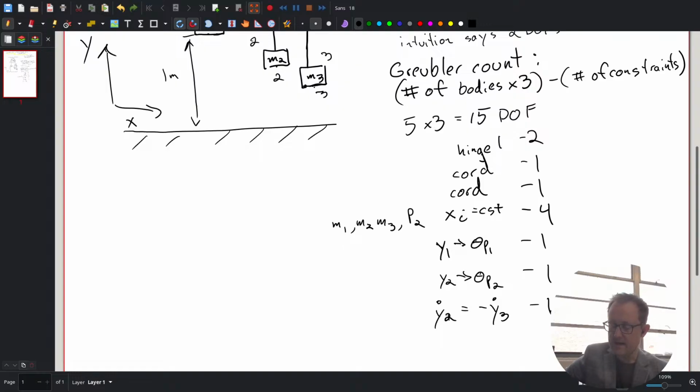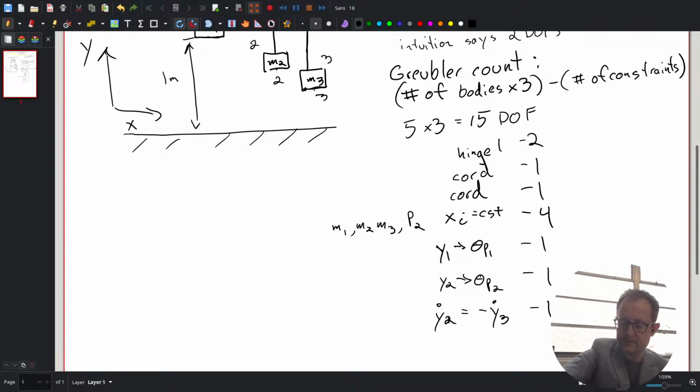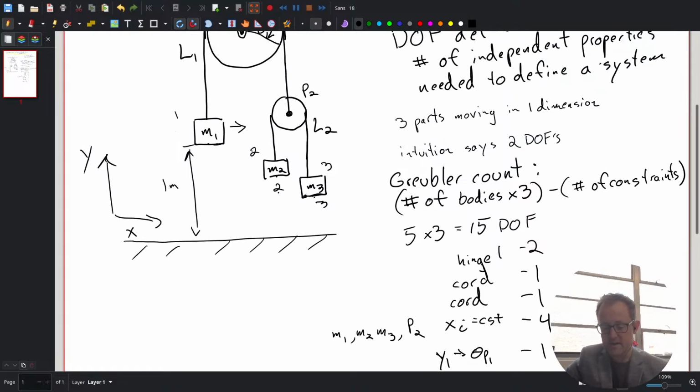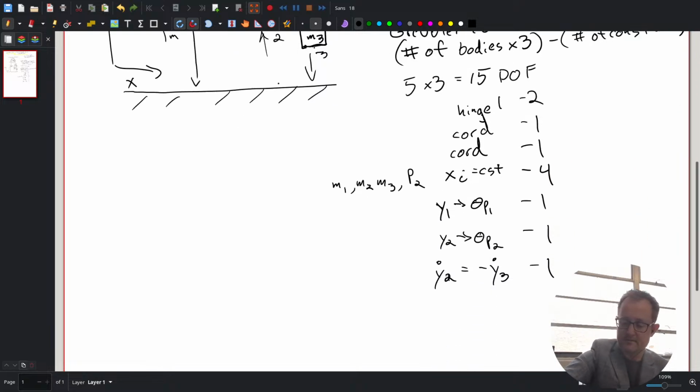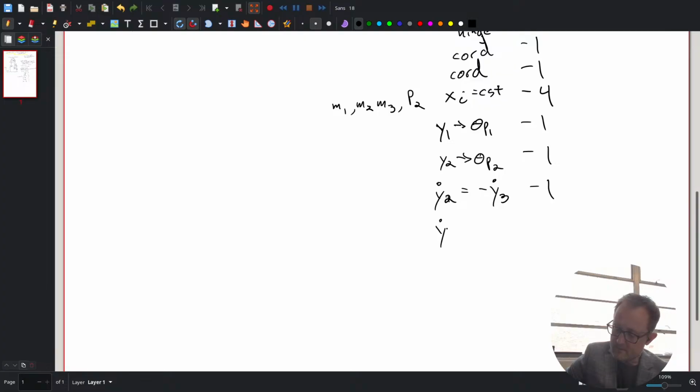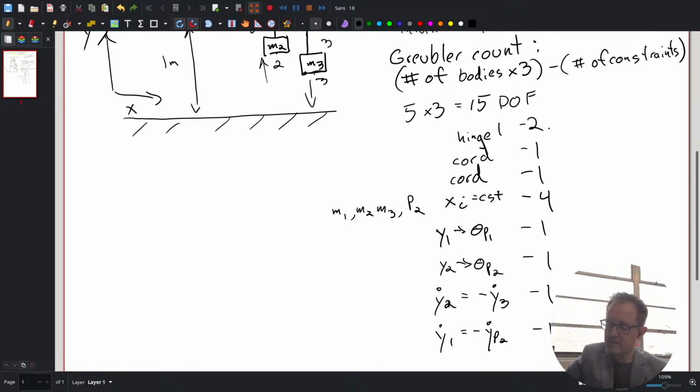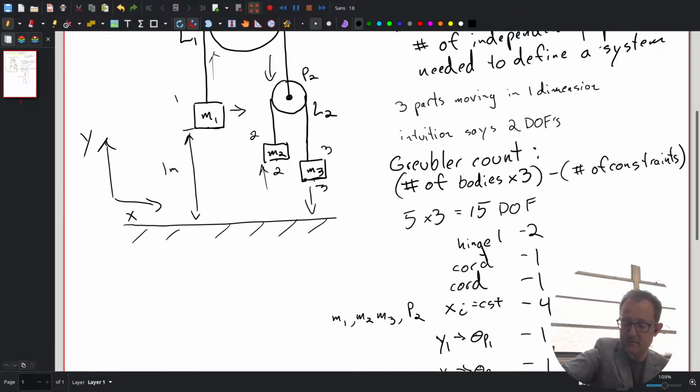So that's another -1, because if the only thing that changes is that this moves up, then this one has to move down. And then same thing here, that if this one moves up, pulley 2 has to move down. And where are we at now? 2, 6, 8, 9, 10, 11, 12. So it's 3 degrees of freedom.